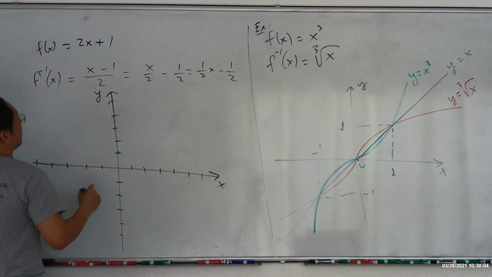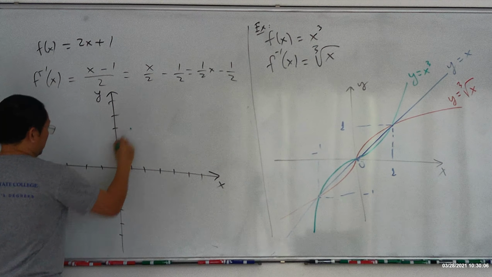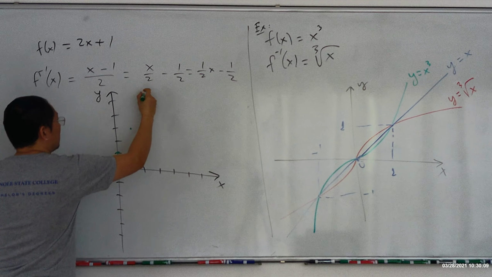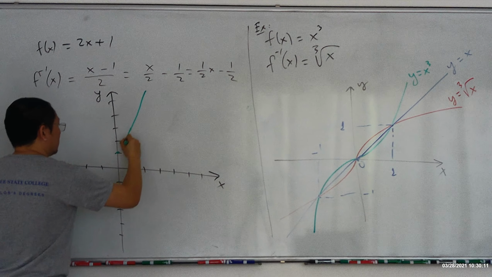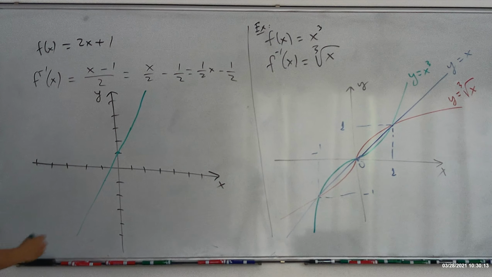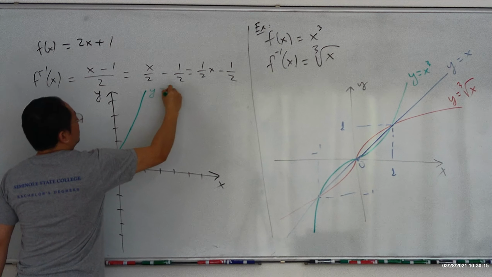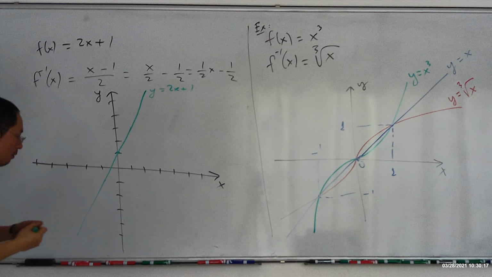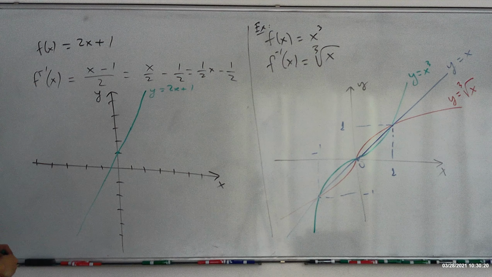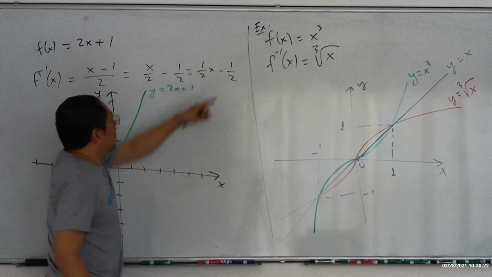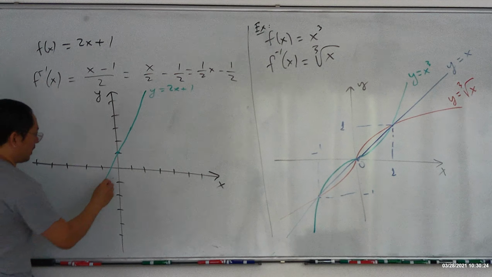The intercept is 1, the slope is 2: rise 2, run 1. So this is the first line, y equal to 2x plus 1. Now I'm going to use red color to show you the second graph of 1/2 of x minus 1/2. Minus 1/2 is right here.